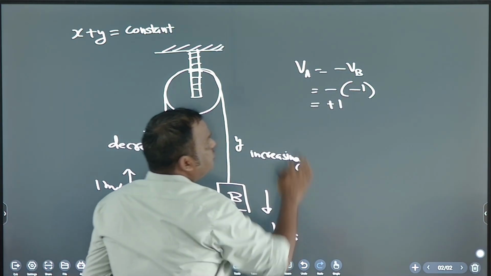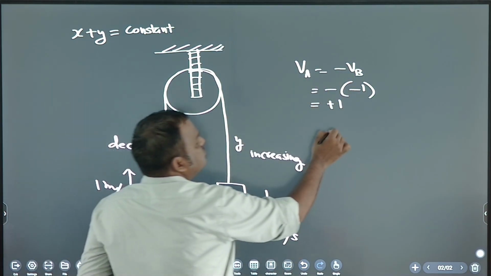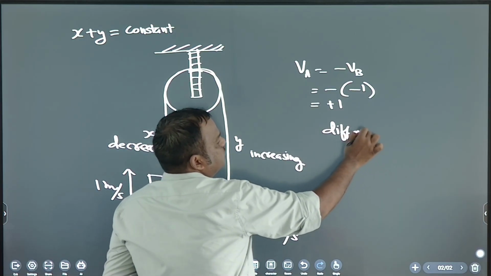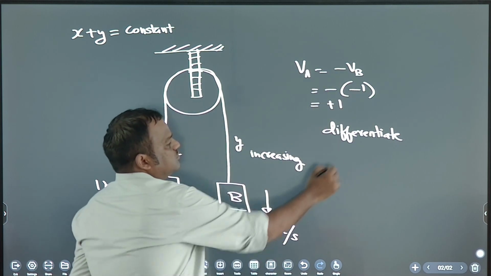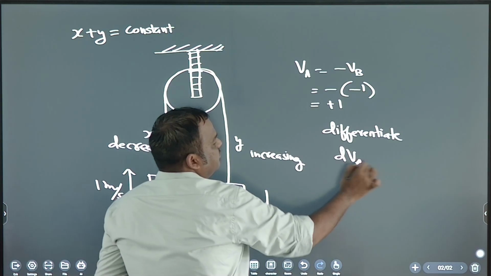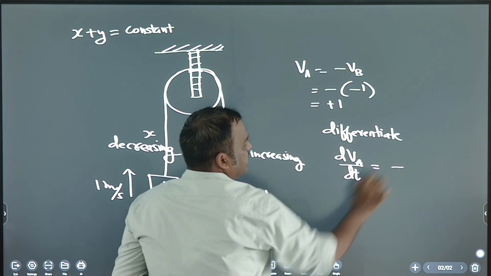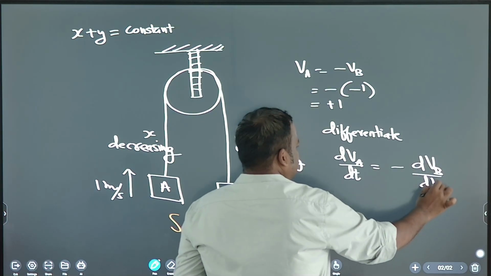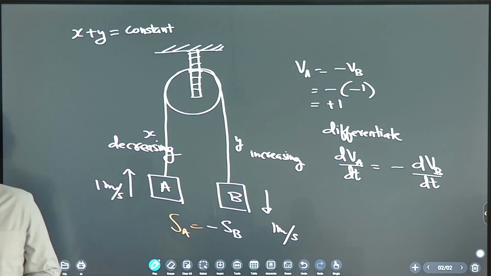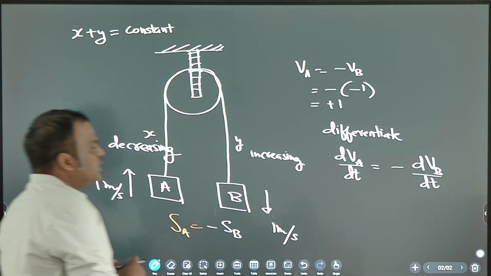Similarly, if you differentiate this, what do you get? dVA by dt is equal to minus of dVB by dt. When you differentiate velocity, what do you get? Acceleration.